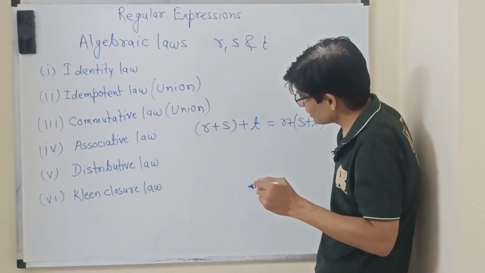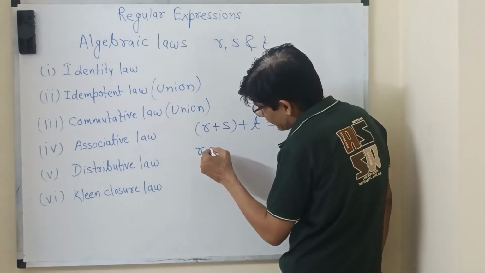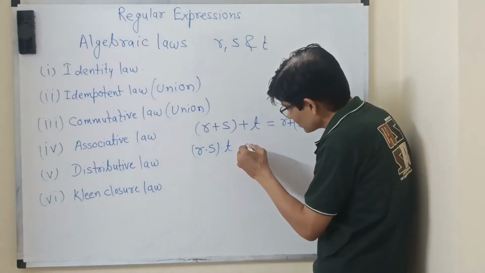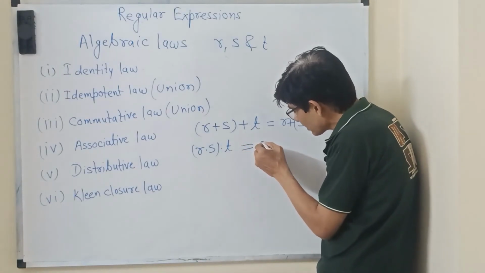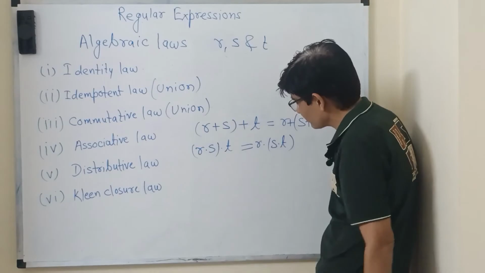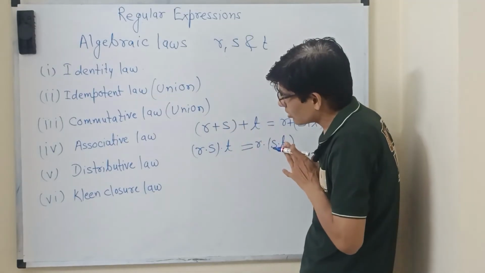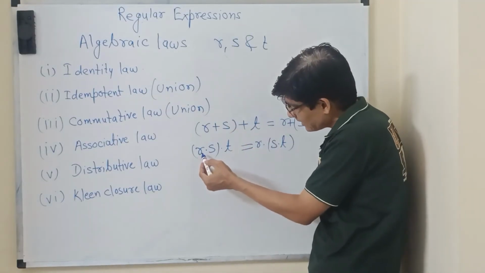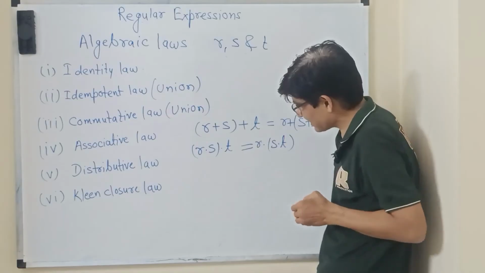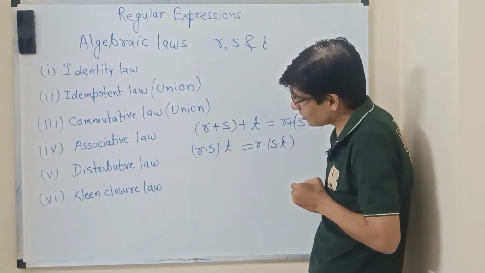Let's see whether it is true for concatenation. If the concatenation of R and S is concatenated with T, then it must be equal to R concatenated with the concatenation of S and T. This holds true for concatenation also, as the sequence would be RST on both sides. So the associative law holds true for both union and concatenation.